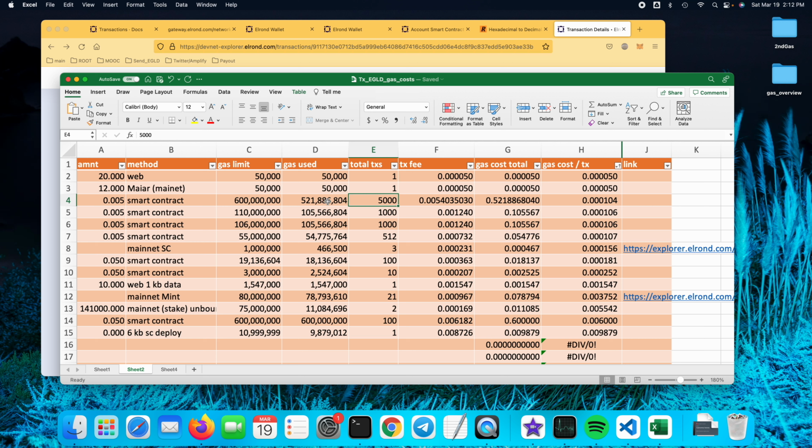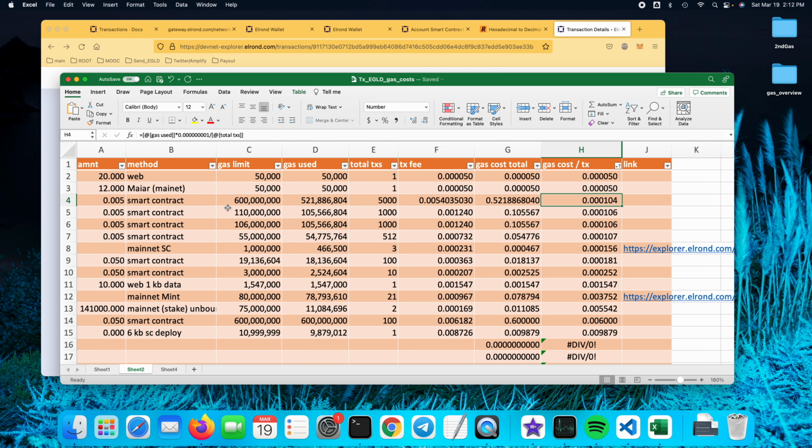Gas used is 521 million, so it's getting up there really close to the most you could do. You could definitely squeeze a few more out of this, and that's the greatest value per transaction, which is still twice as much as an individual transaction using any other method.